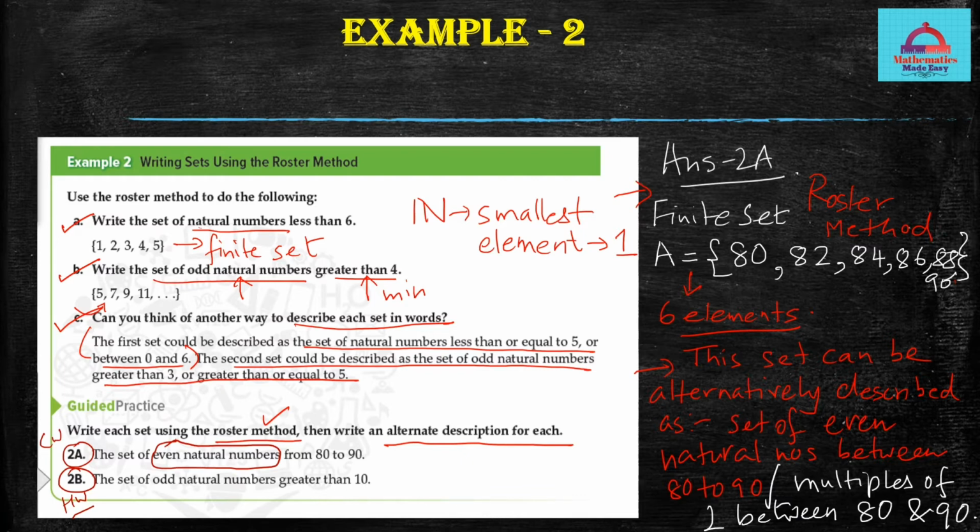So there can be more than one way, as I already told you, of writing the alternative description for each set.